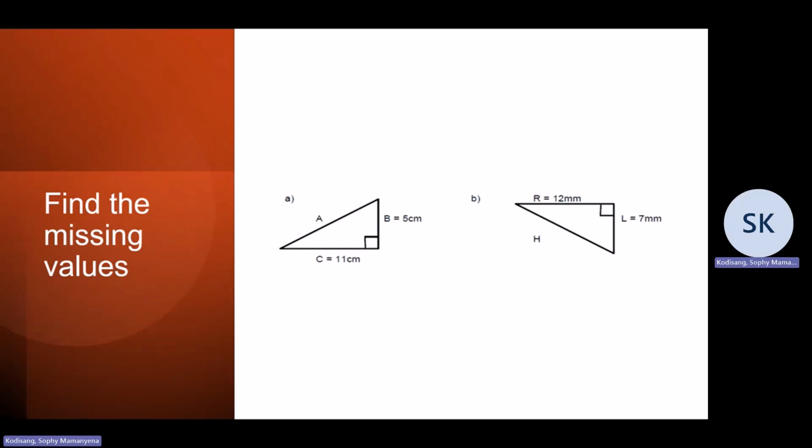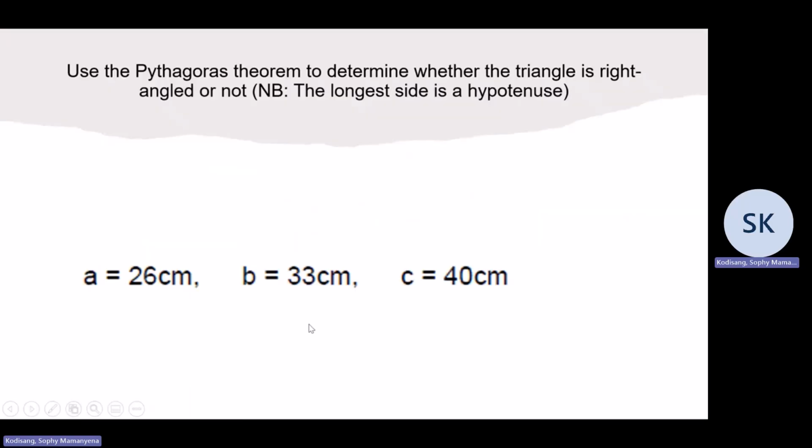Same thing applies to number B. H squared is equal to R squared plus L squared, and you substitute the numbers. Remember to leave your answer in surd form in grade 8, but from grade 9 upwards, you can round off the decimal fractions into 2 decimal places.